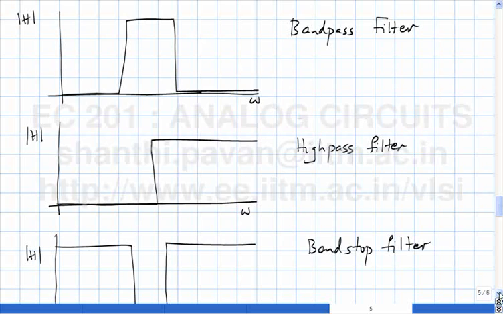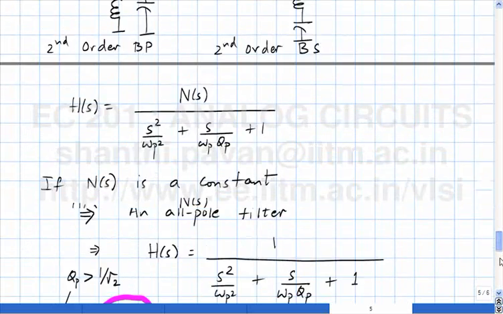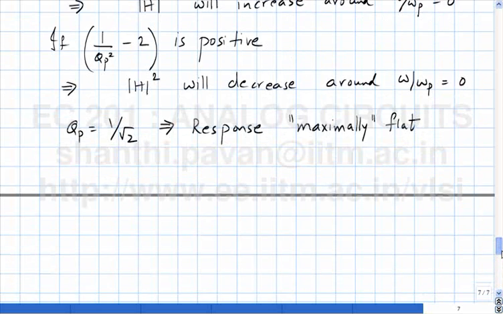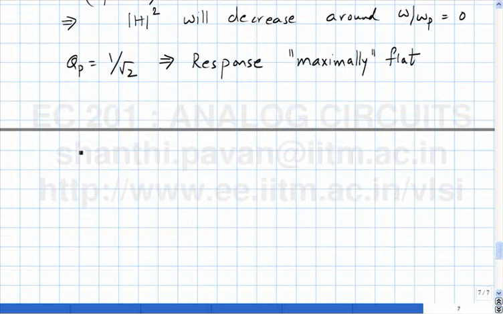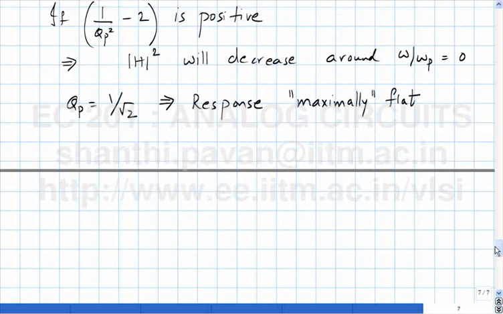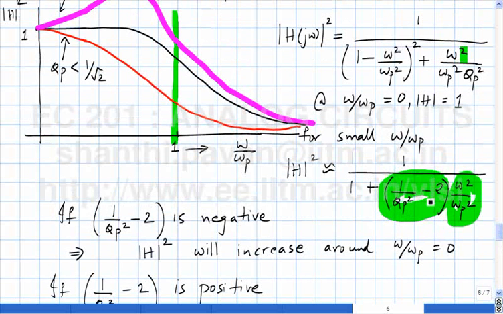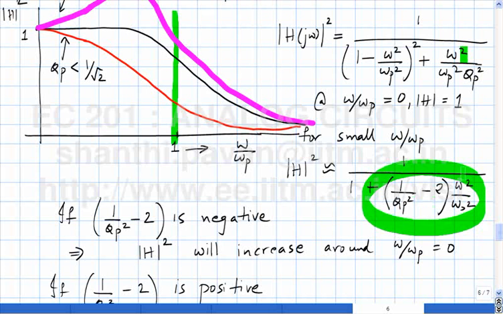In which case, the magnitude response simply becomes mod h of j omega the whole square. If 1 over qp square is exactly equal to 2, what happens to this term? 0.